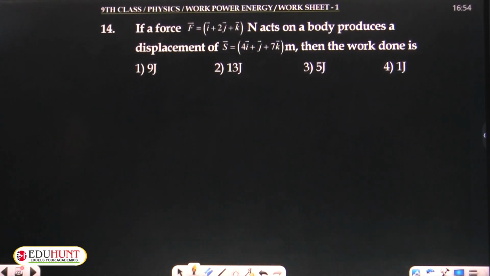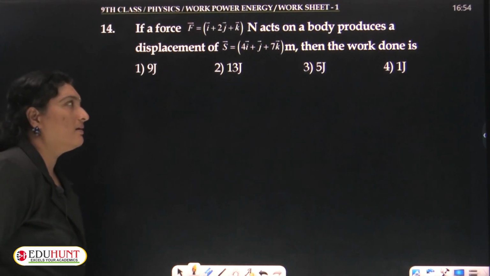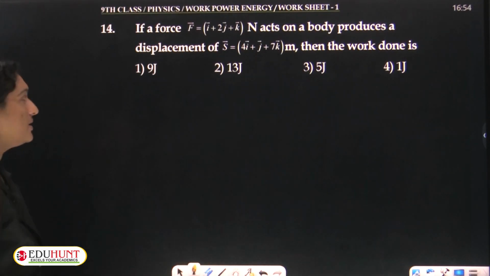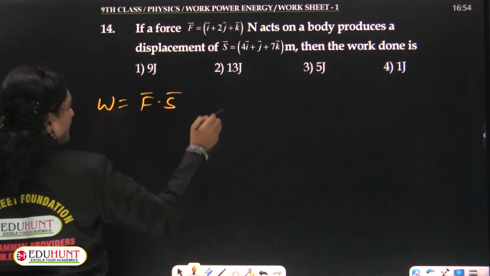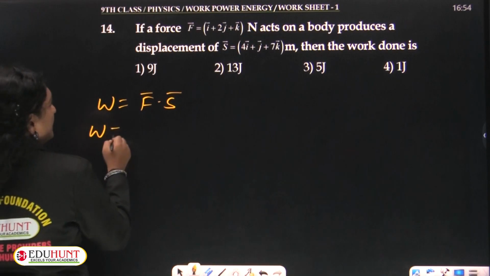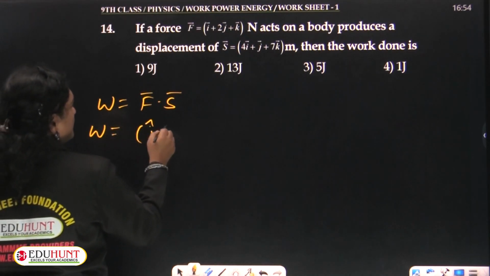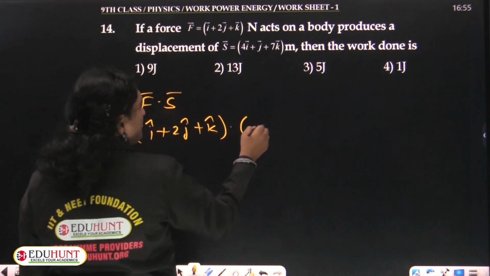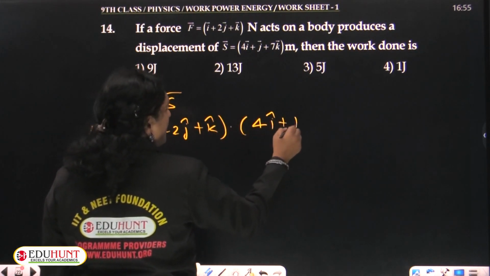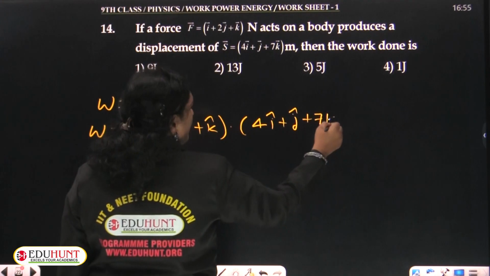So moving ahead with the next question, 14th question. Here also the force vector and displacement vector are given and you are asked to find the work done. The work done formula is force vector dot displacement vector, so W equals force vector i plus 2j plus k multiplied with 4i cap plus j cap plus 7k cap.